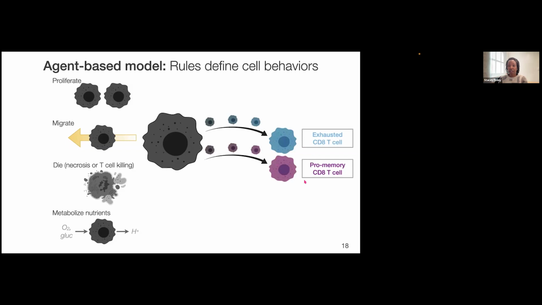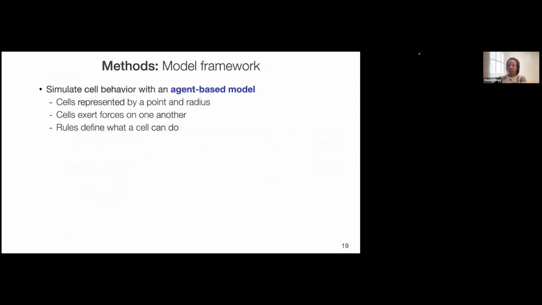So we really are having more of a multi-scale model because we're embedding inside of each of the T cell agents the Boolean network model that I described first to determine whether the T cell will go towards an exhausted or pro-memory state.